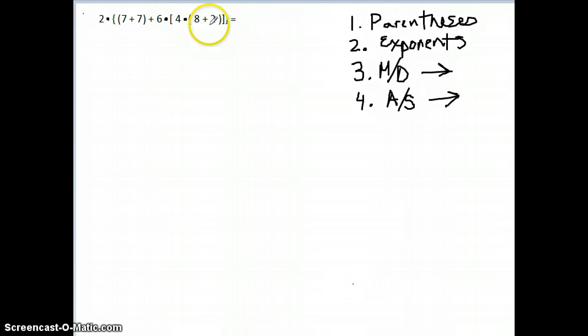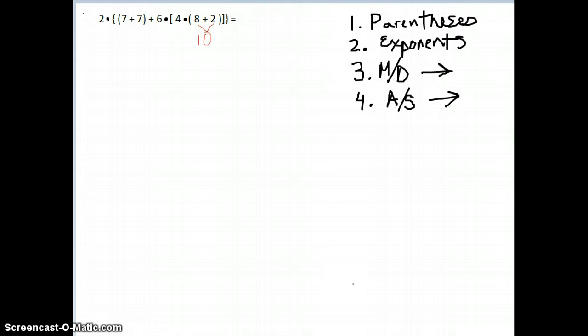The 8 plus 2 is what we're going to focus on, because 8 plus 2, notice, is inside this set of parentheses, which is inside these square brackets, which is inside this larger set of braces. So we'll start with 8 plus 2, and 8 plus 2 is 10.